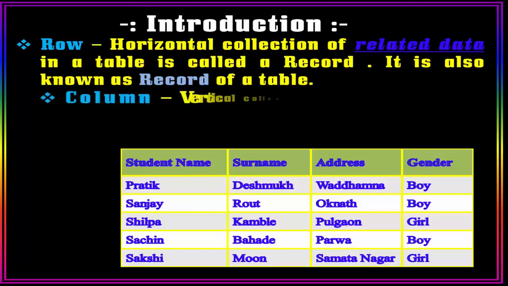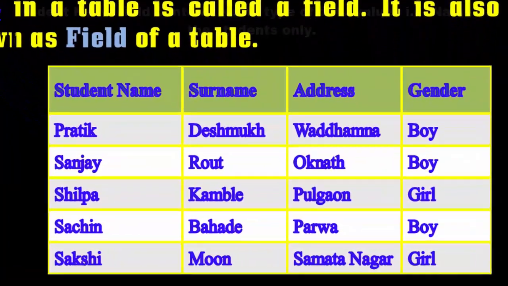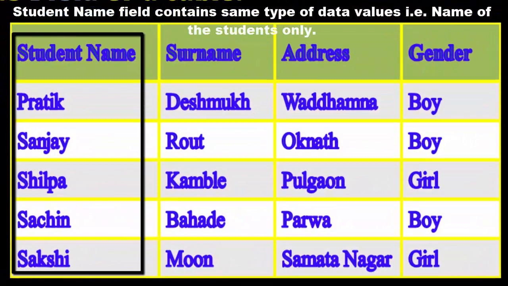Therefore, the word related is important in the definition of row or record. Now the next term is column or field. A vertical collection of the same type of data in a table is called a column or a field. In this definition, the words same type of data are important. It means that in a student name field, only the name of the student will be contained, not the surname and gender.